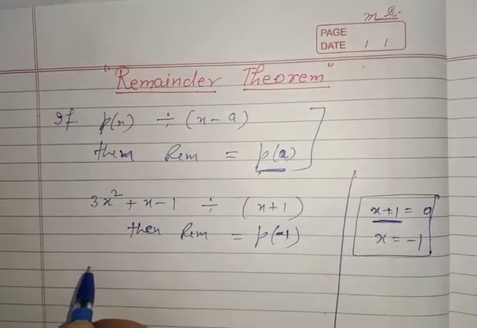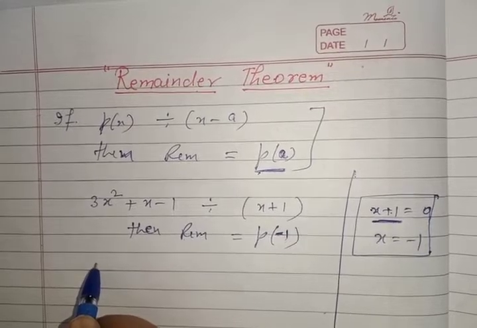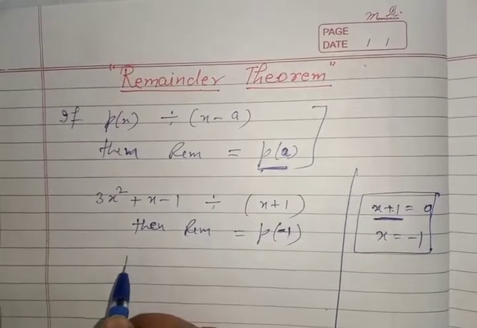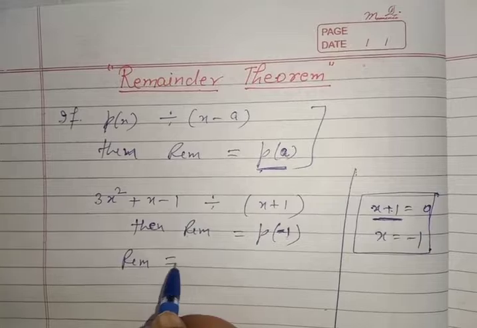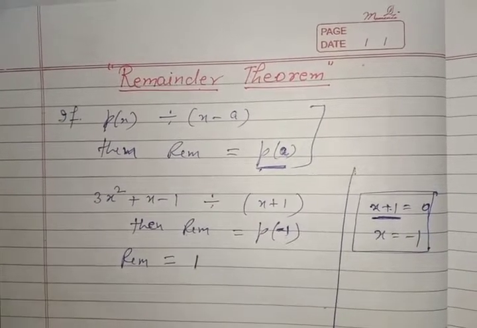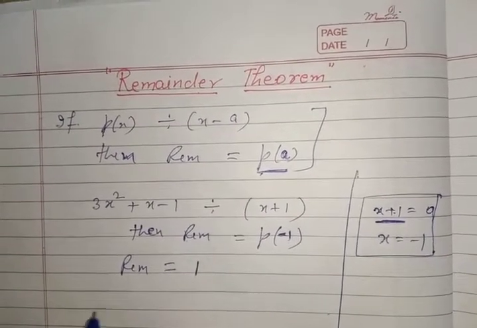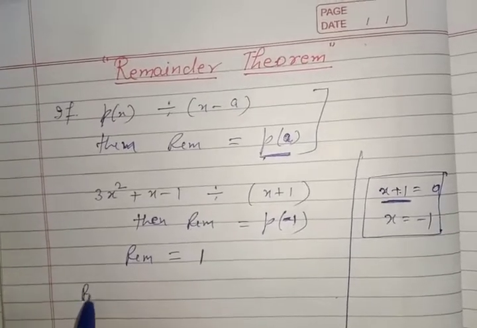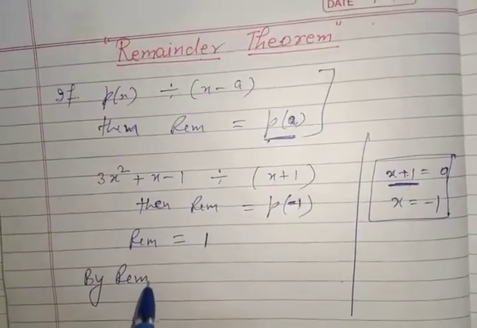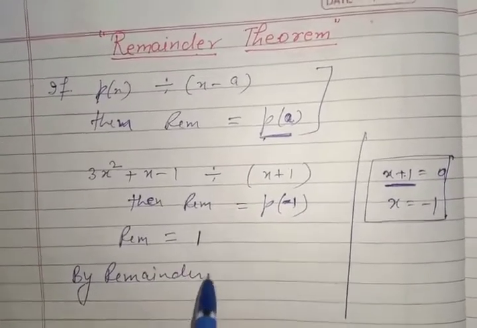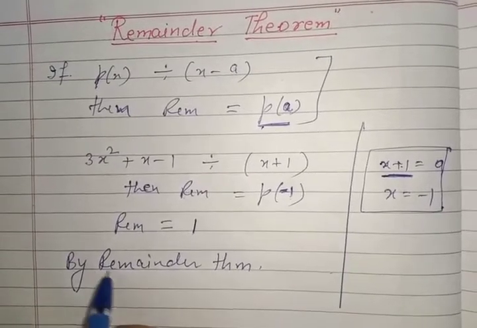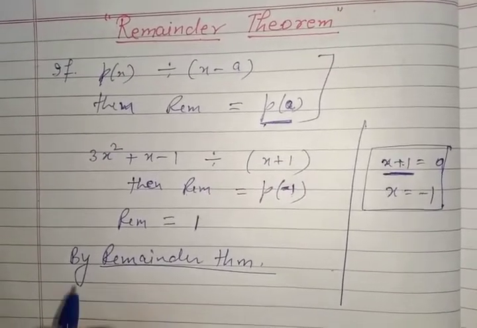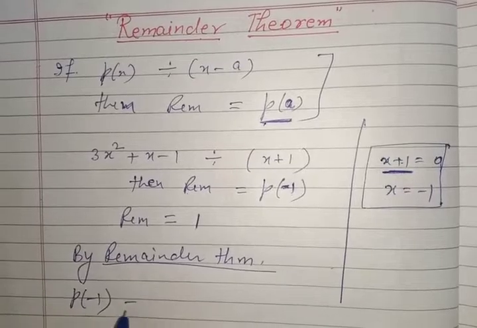And if you remember that we have got remainder equal to 1 when we divided it. So by remainder theorem now we are doing, we will write here heading by remainder theorem. By remainder theorem, p of minus 1 we will find.